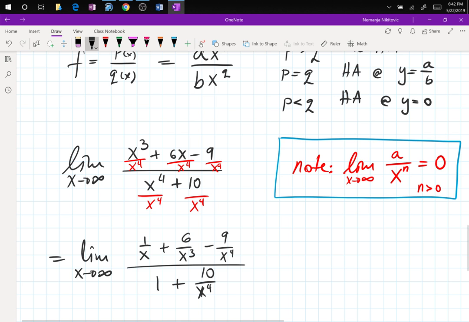And look at this. Every single one of these, other than 1, goes to 0. The first one goes to 0, the next one goes to 0. All of these go to 0. Then you are left with 0 divided by 1, which is 0.